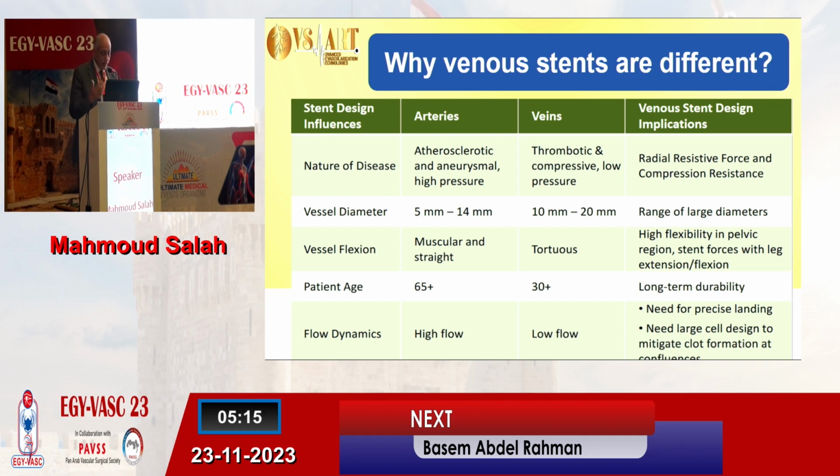The veins are tortuous, so we need high flexibility of the stent. The age is different: 65 and above for the arterial, while 30s in the venous, so we need long-term durability. And the flow dynamics is different also: high flow in the arterial vessels, and low flow in the venous.